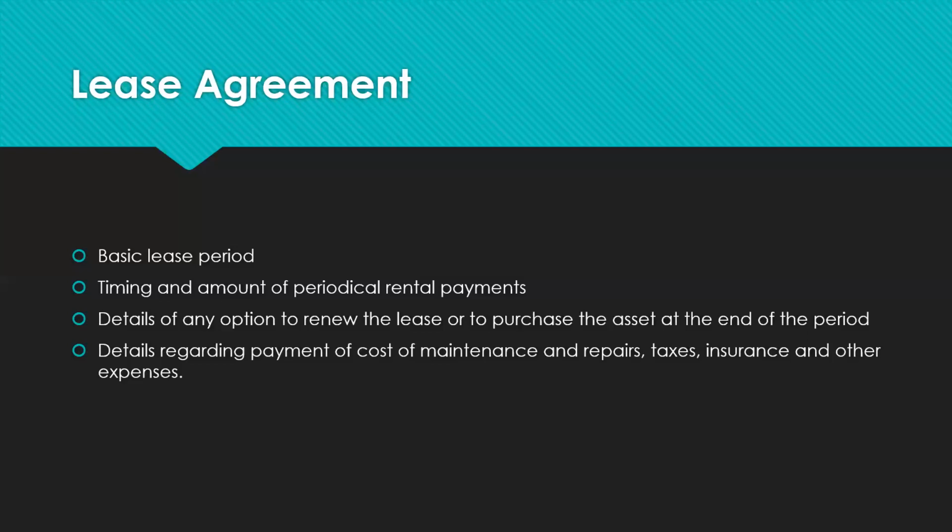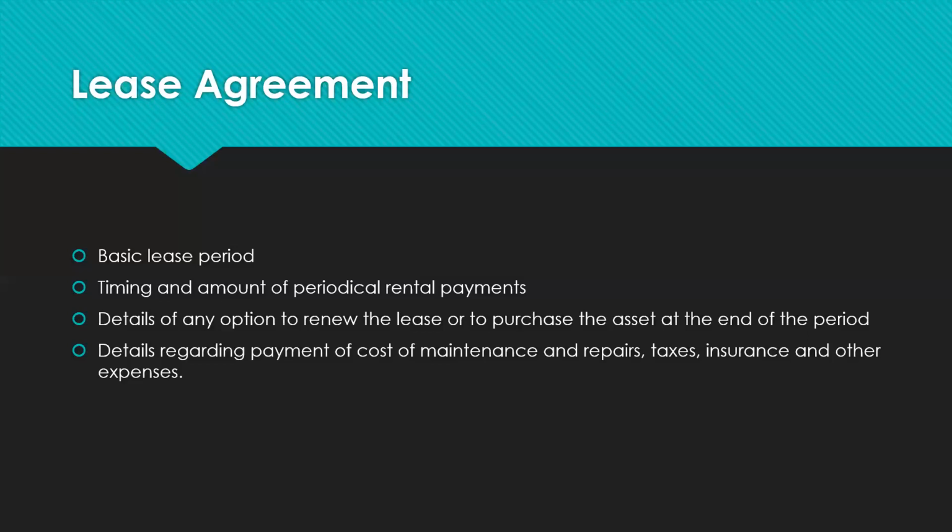Now, once you have used it for a period of 5 years, you have got a good business in your hand, you have got sufficient funds. So you decide to purchase that asset. In that case, when the rental period or the lease period ends, the lessee can ask for purchasing the asset from the lessor. So if there's any option like that, that should be specified in the lease agreement.